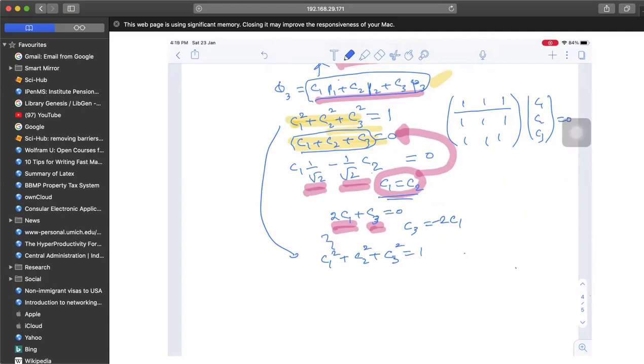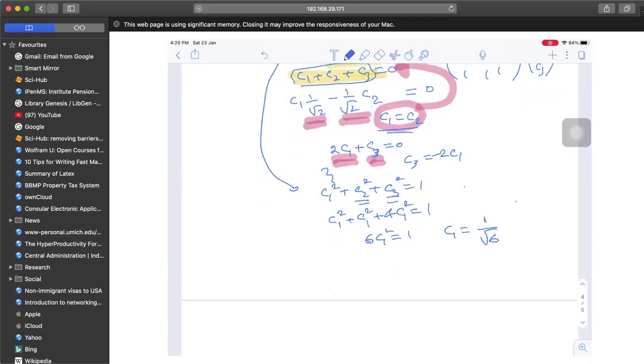C1 is equal to C2, so that is C1 square plus C1 square, and C3 is equal to minus 2C1, so C3 square must be 4C1 square, and that must be equal to 1, correct? Yes, sir. Which means that 6C1 square is equal to 1, which implies that C1 is equal to 1 by root 6. So therefore we have determined C1.